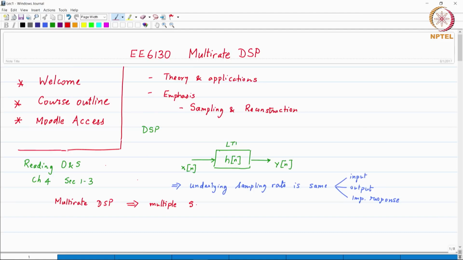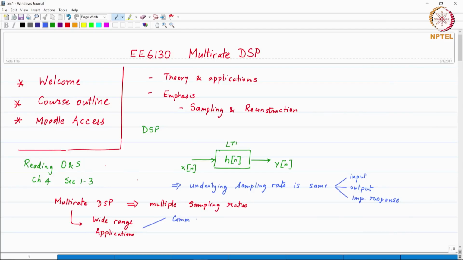All of that is part of our study and our understanding of when it is advantageous to change. Multiple sampling rates are very important for us, and this is what enables multi-rate signal processing to have very interesting applications. The reason for studying multi-rate DSP is primarily the wide range of applications, including primarily the area of communications, which is one of the areas where we at IIT have been doing a lot of study.